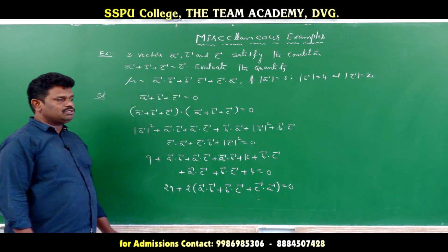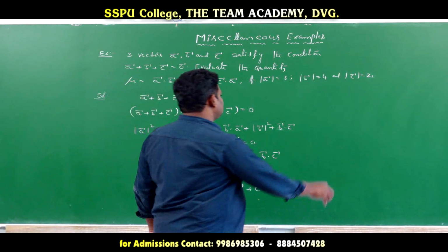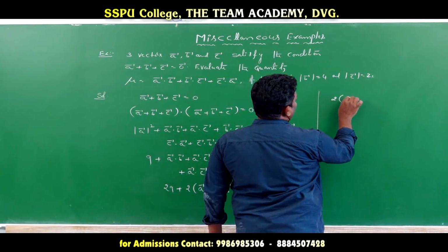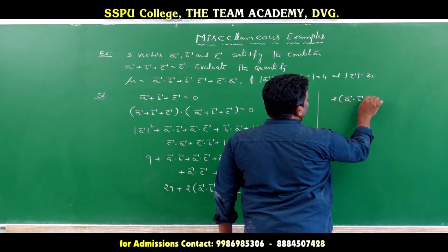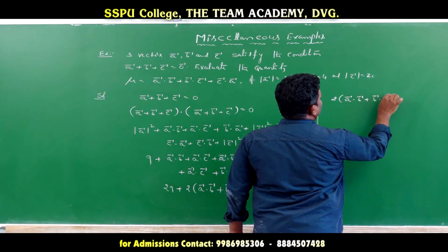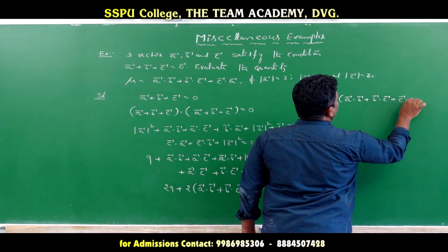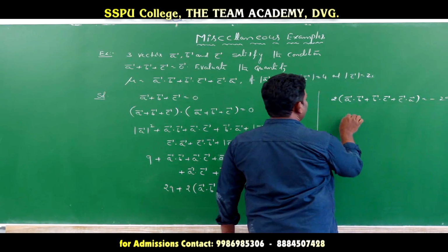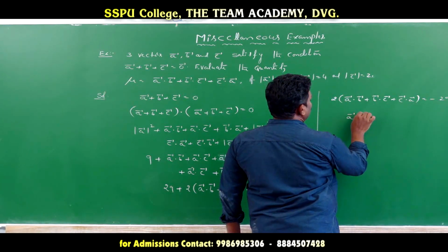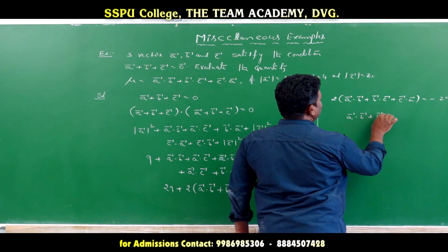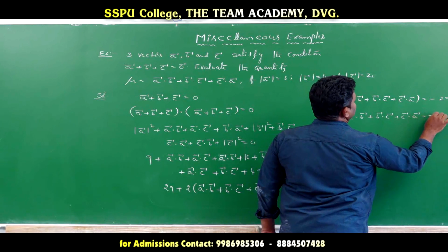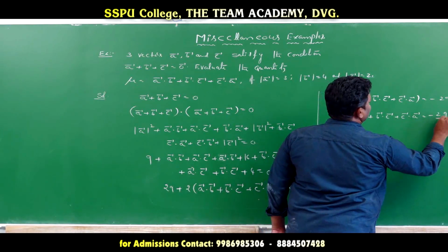Now 29 taken to this side, so 2 into A bar dot B bar plus B bar dot C bar plus C bar dot A bar is equal to minus 29. Finally A bar dot B bar plus B bar dot C bar plus C bar dot A bar is equal to minus 29 by 2.